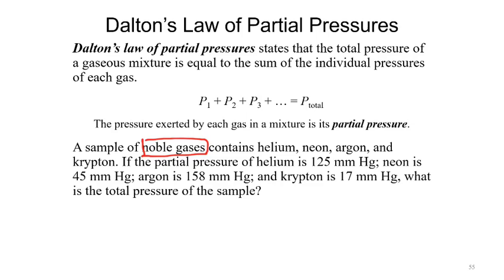Whereas oxygen is a very reactive gas, and so if I was to look at an experiment with oxygen, it's probably going to deviate from the ideal gas law because oxygen is so reactive, that there are attractions between it and other things. Okay? So for the sake of this question, noble gases was picked to really emphasize that ideal gas relationship.